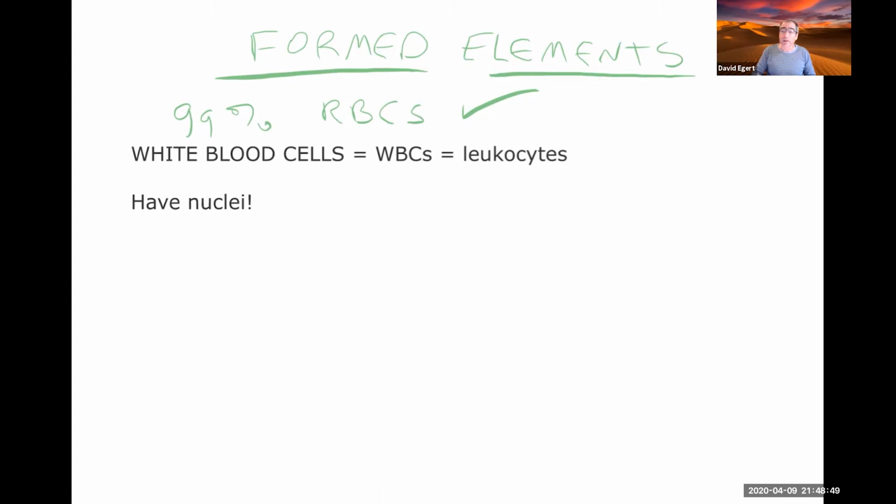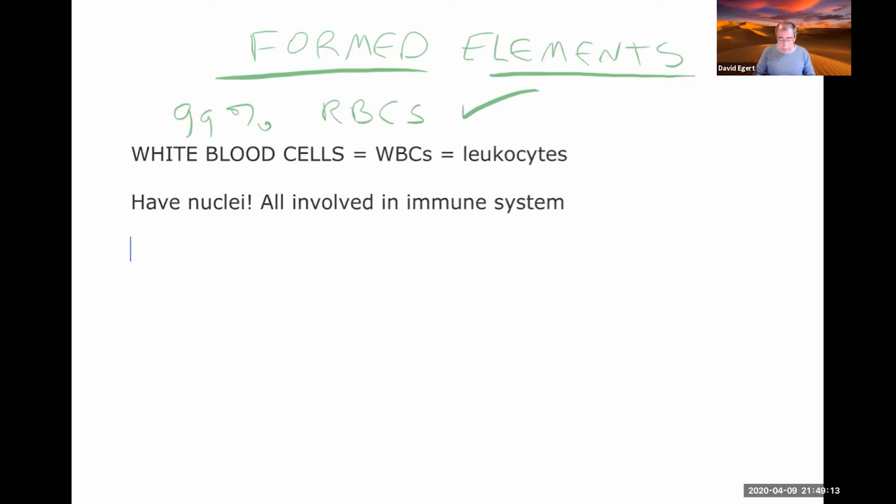When you look at them under the microscope, they will all have a nucleus. Another thing is these are all involved in the immune system, so they're going to be playing a role in protecting your body. They're not carrying nutrients or doing anything like that.